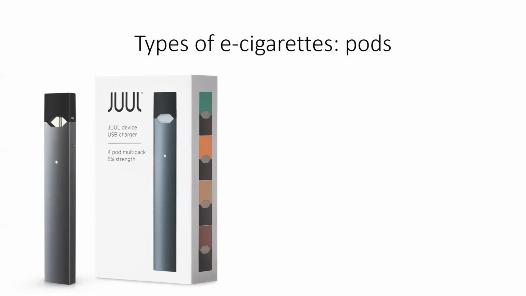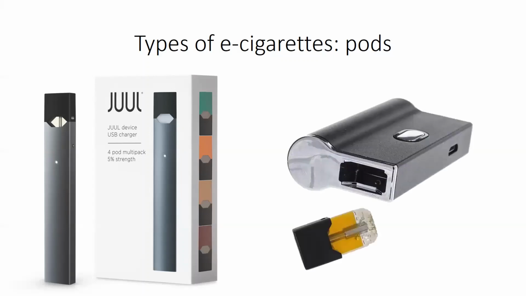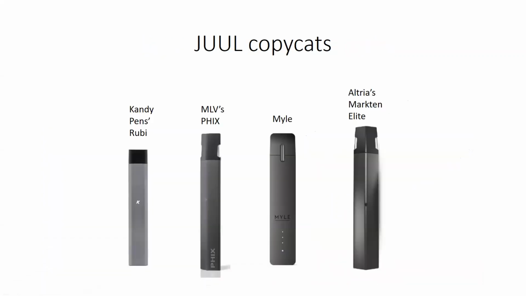This probably accounts for most of the rapid rise in e-cigarette use among the youth in the U.S. And you see this new ecosystem developing around these devices, where people have built bigger batteries and use the same Juul pods in them.